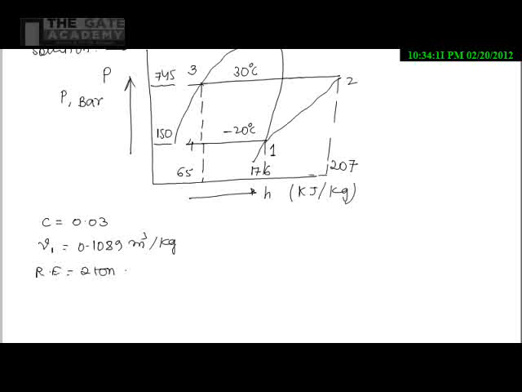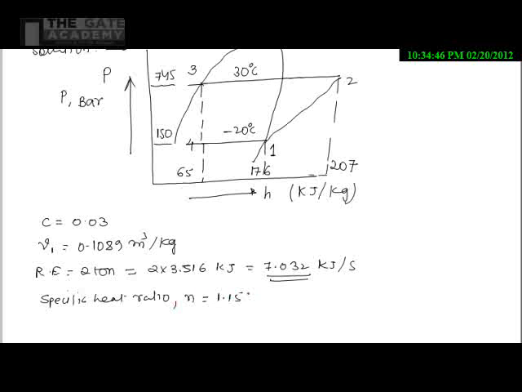So in terms of kilojoule, it will be 2 into 3.516, so it will be 7.032 kilojoule per second. Specific heat ratio, for us, N equals 1.15 is given.